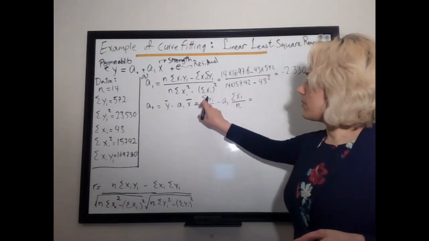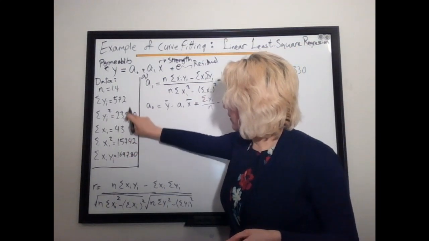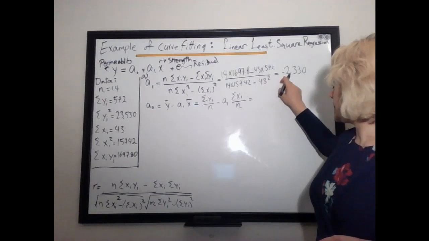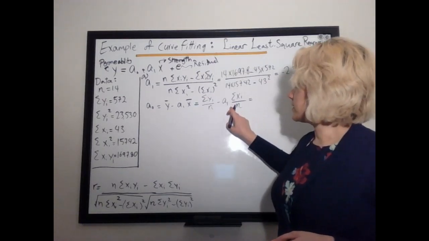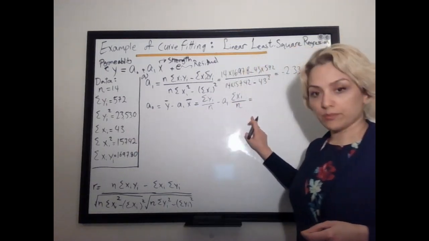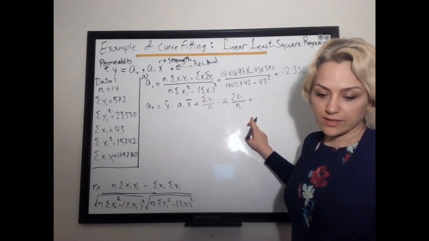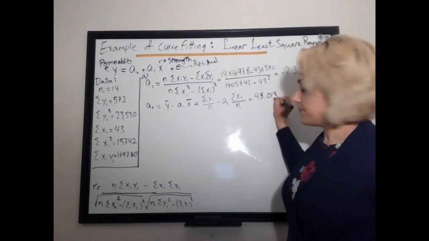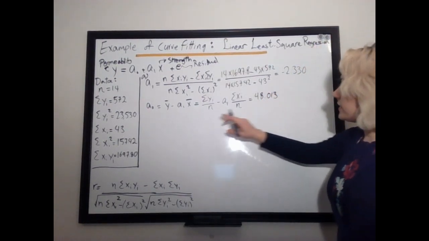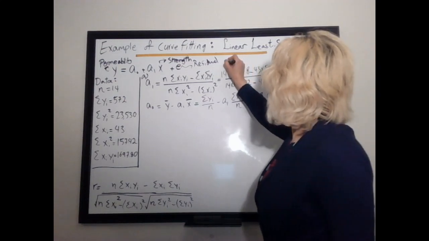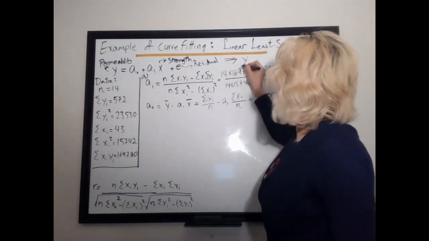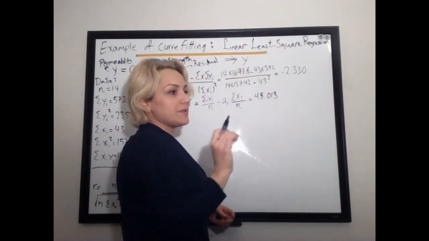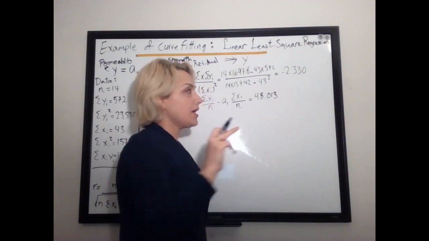So we're going to replace the numbers. The value of sigma yi is 572 divided by 14 minus this negative 2.330 times 43 divided by 14 again, and the final answer for this is 48.013. So we found A0 and A1, so we can say here our estimate for our model. For the estimate, we use the hat sign in statistics.